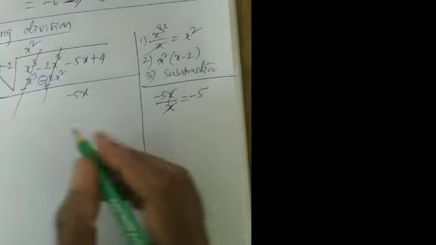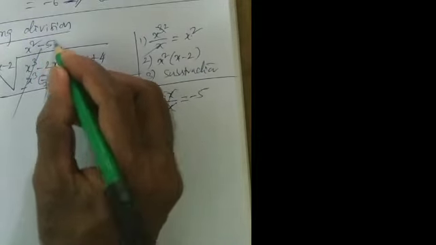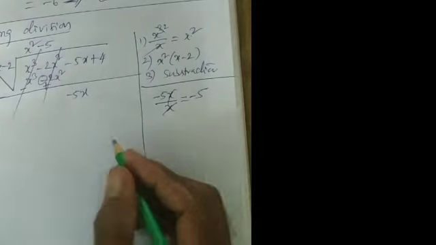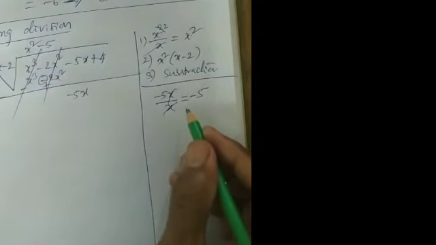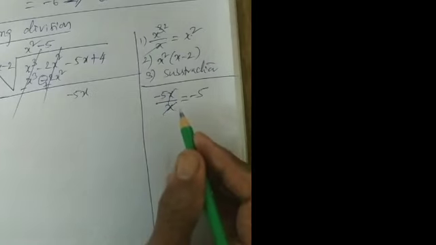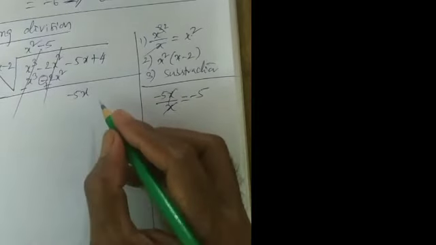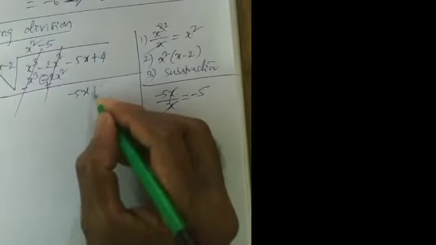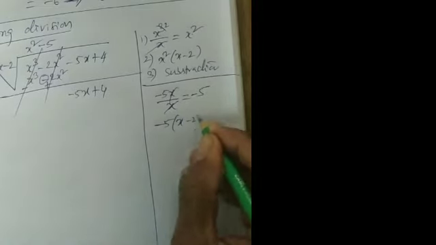So division means minus 5x by x, the quotient is minus 5, and multiplication is minus 5 into x minus 2.